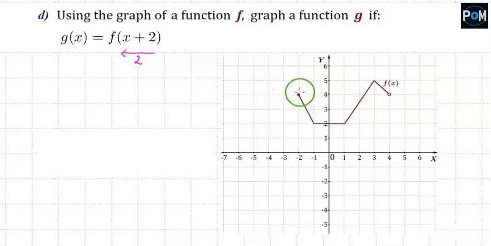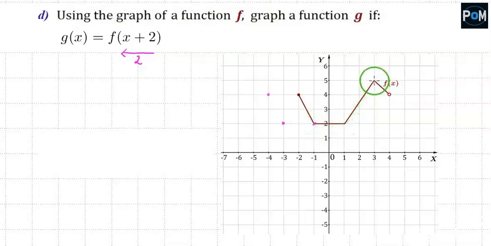So just like before, those characteristic points, meaning this point, we move it 2 units to the left. We are in this place. The next characteristic point is this one. We also move 2 units to the left and land here. We have to shift this point 2 units to the left. It is here. It overlaps a bit there. We must be careful not to confuse which dots belong to which graph.